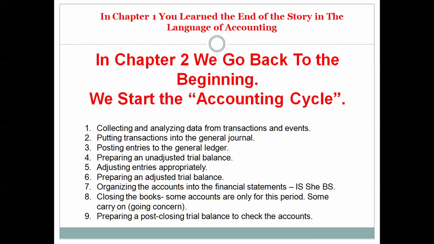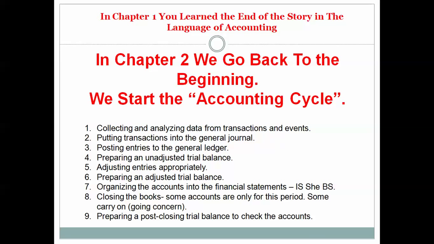We want to try it out. Is our left equaling our right? And then we'll go on in Chapter 3 and look at adjusting entries. We'll talk about that then and prepare an adjusted trial balance. Are we still in balance after making some adjustments? Then we're going to go ahead and prepare those financial statements. The IS/SHE/BS, the income statement, shareholders' equity, and the balance sheet.